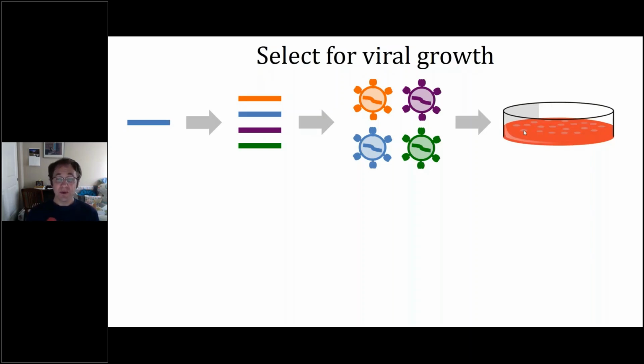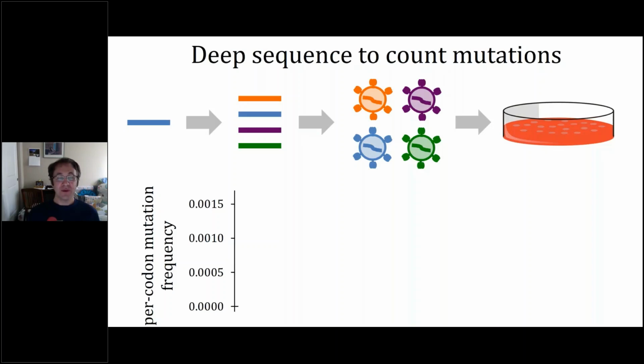This is a simple readout for whether or not the viruses have a functional hemagglutinin, because if they don't, they will not be able to replicate in cell culture. Obviously you could have done this experiment many years ago as well, but the new and novel thing that we're now able to do is use ultra accurate deep sequencing to count the mutations at each step in this experiment.